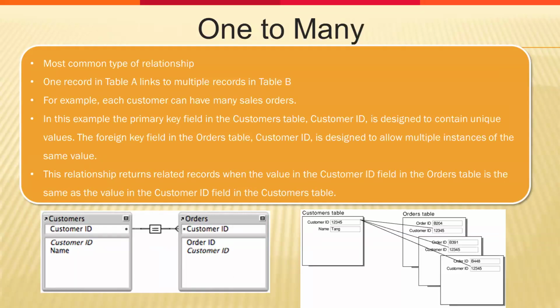Okay, one-to-many. A customer table is there and an order table is there. The customer table is going to have one record for each customer. The order table is going to have multiple records for one customer. Why? Because it's not like one customer is going to have only one order. They can place multiple orders, right?